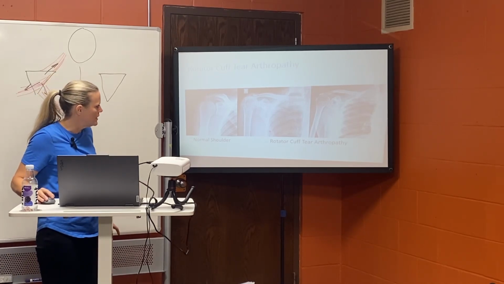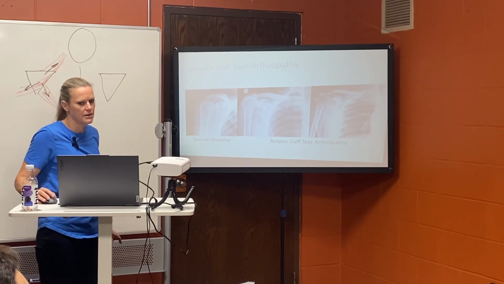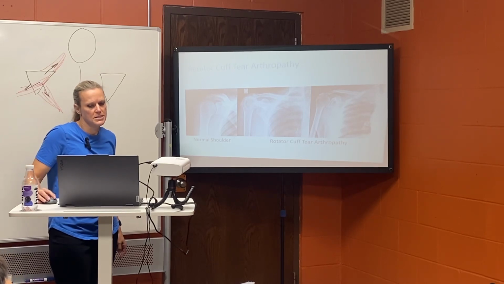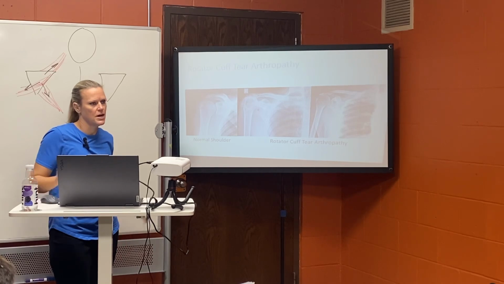So remember this line that we were looking at here? There it is up there now, right? So it's supposed to be this smooth arc, and this one goes way up there. This one's not quite as bad, but there's a little bit of a bump there. There's supposed to be space between this bone and this bone. This bone and this bone, they're actually contacting.